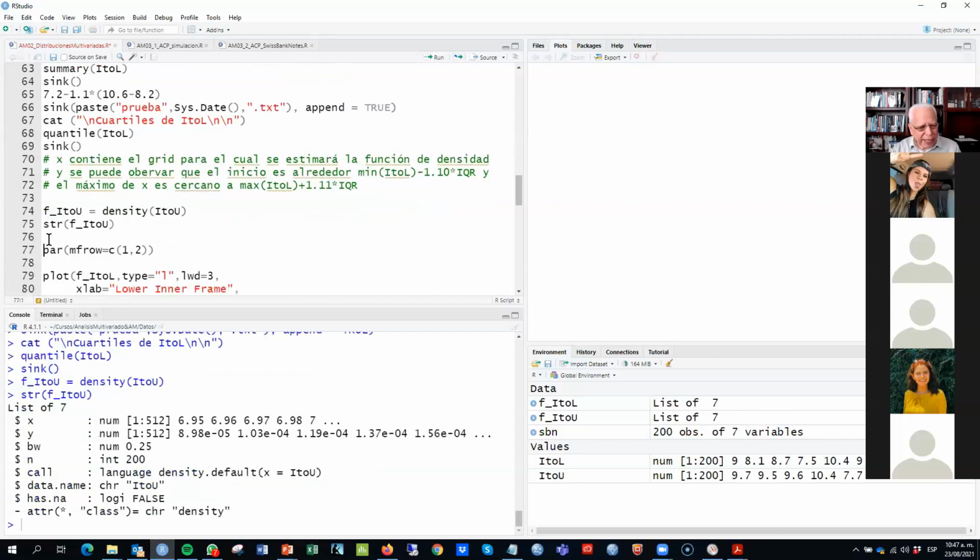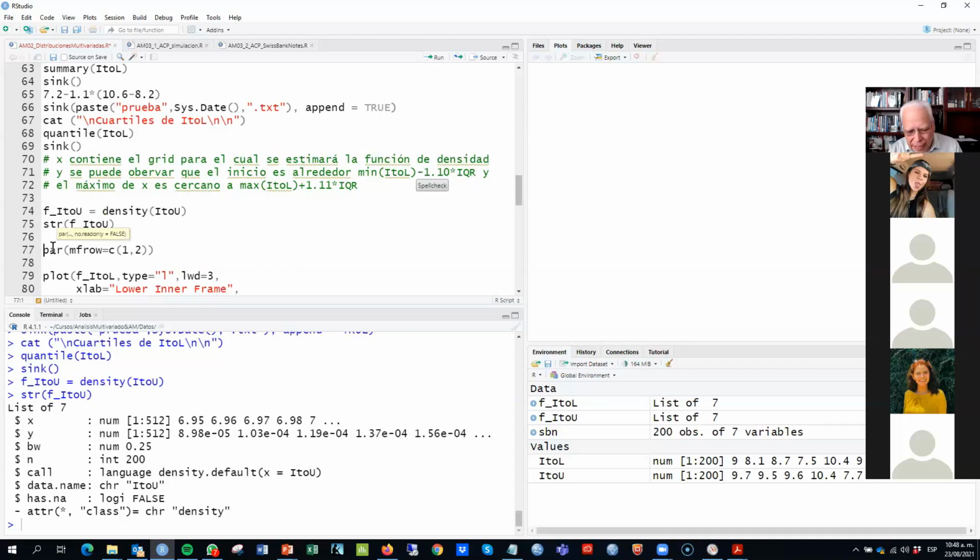That's the same structure: X has the grid for the values of the variable, and Y is the estimate of the density. It starts at 6.95, which is roughly the minimum value for inner to lower minus 1.1 times the interquartile range. That's by default how this density function works.